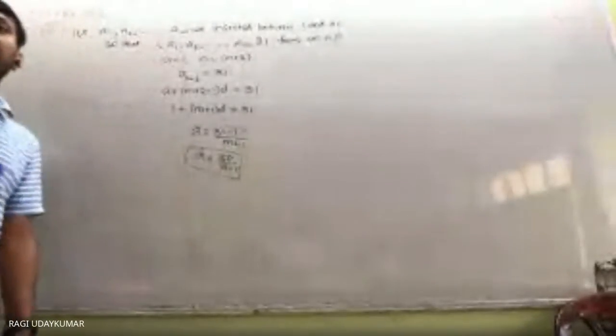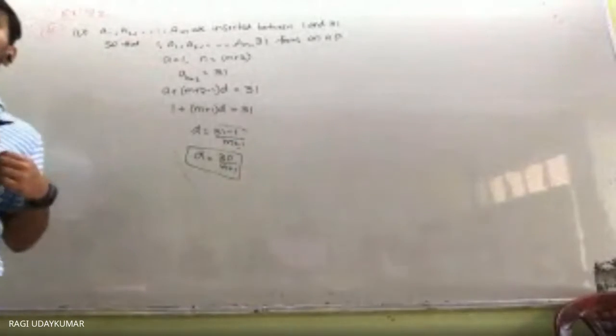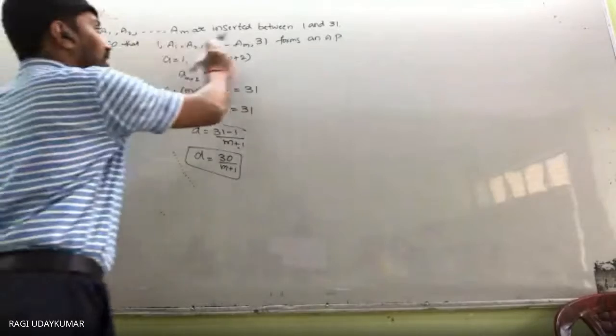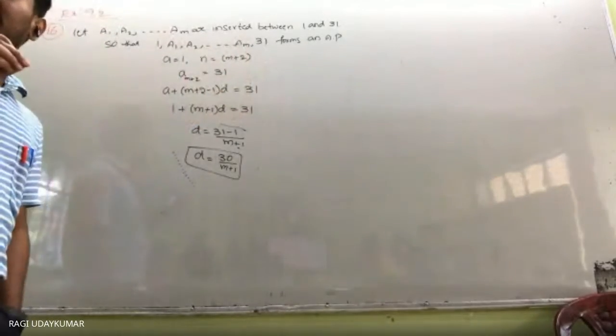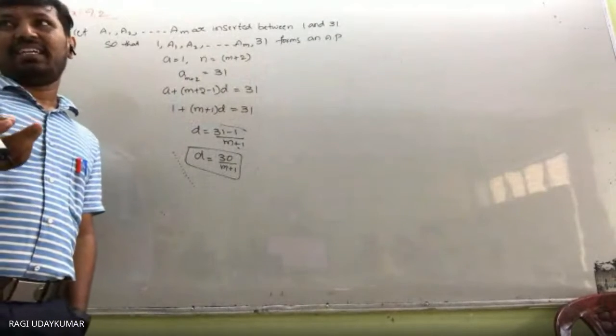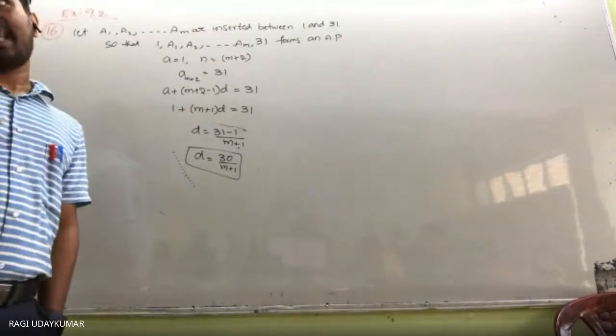Now what is the question asking? Ratio of the 7th and (m minus 1)th, not terms. It is asking about numbers. We have inserted m numbers. So a7 and a(m minus 1) ratio is 5 is to 9.